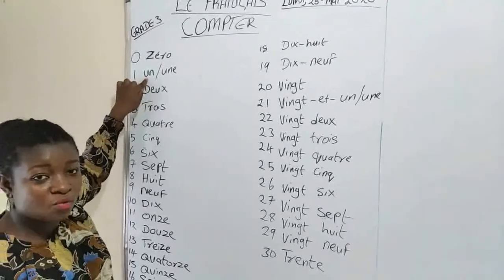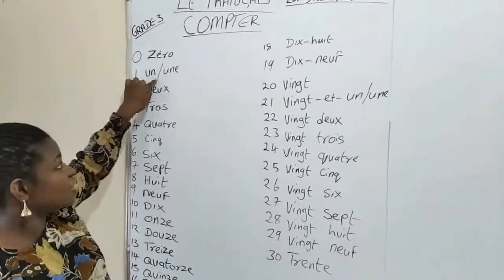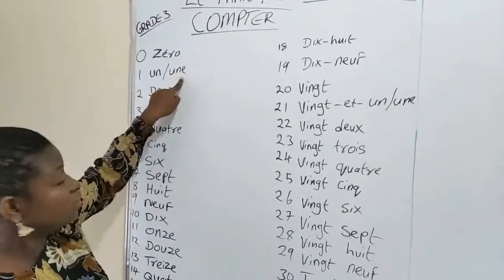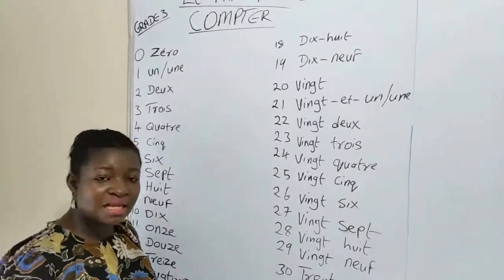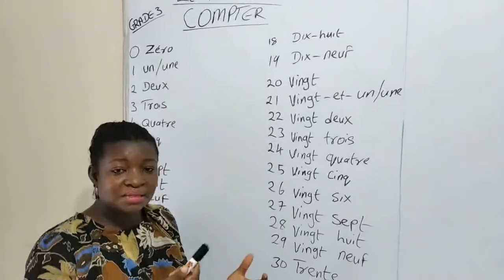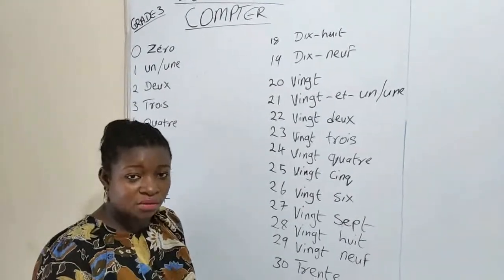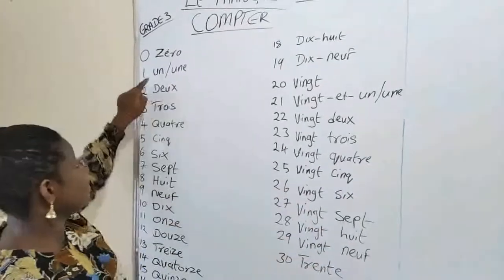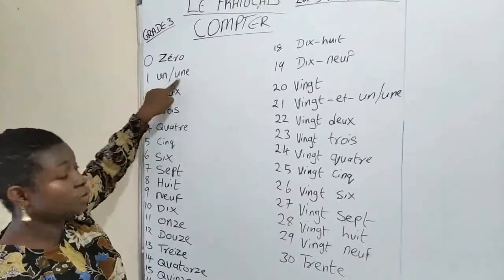And here in 1 we have a slash and we have un and une. So un and une is used depending on whether what you are counting is a masculine noun or a feminine noun. We're going to look at that later. So here we have un, une.